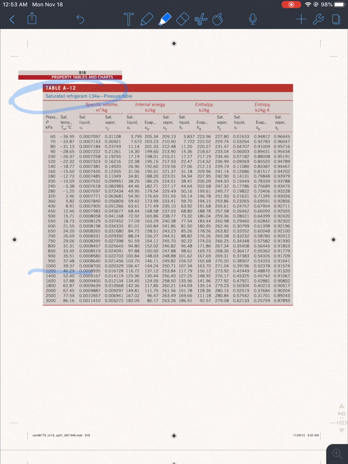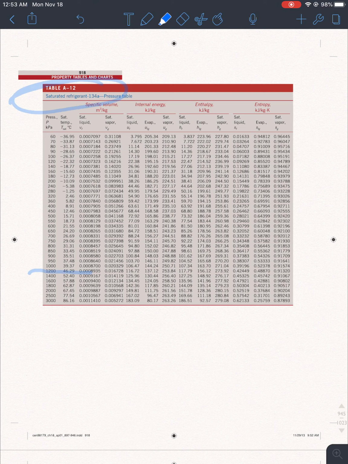How do you find the coefficient of performance? What's the equation for that? Let's look. There are two coefficients of performance. One definition is here's the real coefficient of performance.